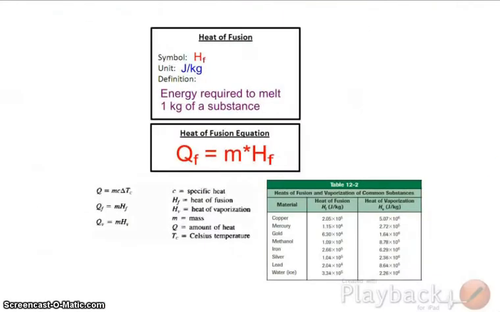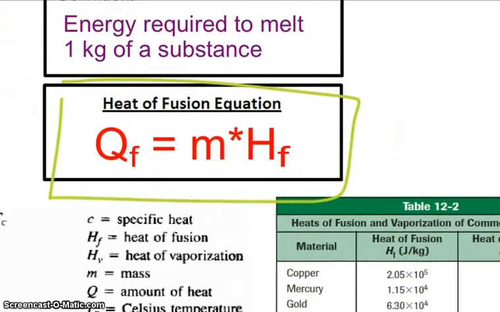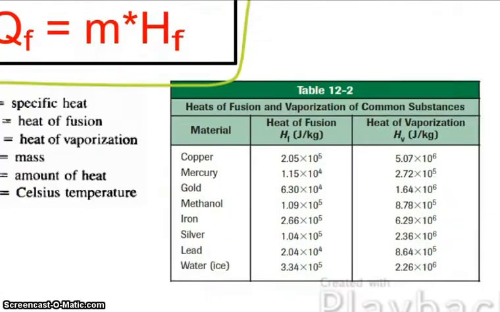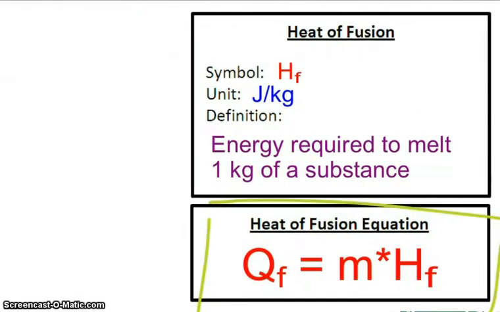Now, the two equations that you'll see in your reference table are your heat of fusion equation, and you'll also see heat of vaporization. Heat of fusion has a symbol Hf. Now, Hf is the heat of fusion constant. It's measured in joules per kilogram, and it's the energy required to melt 1 kilogram of substance.